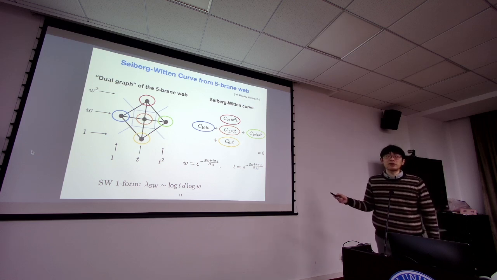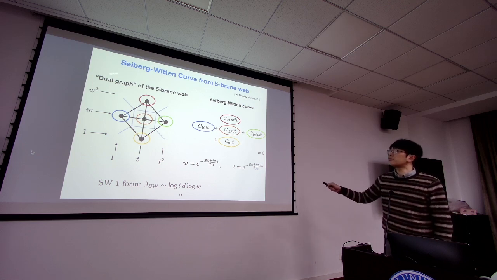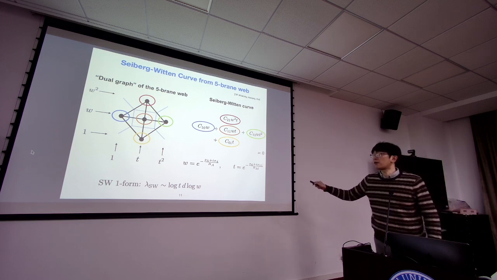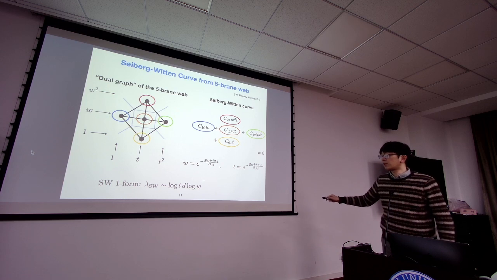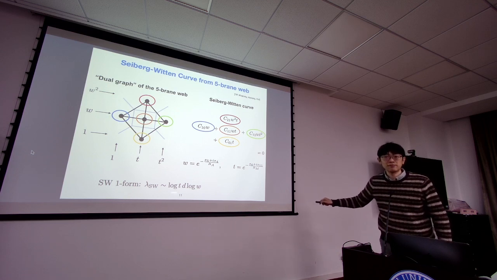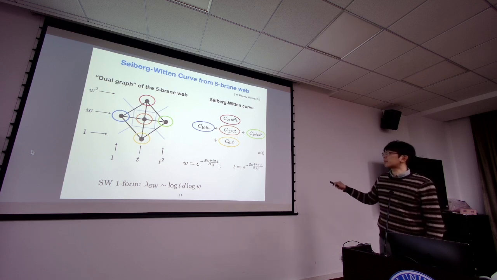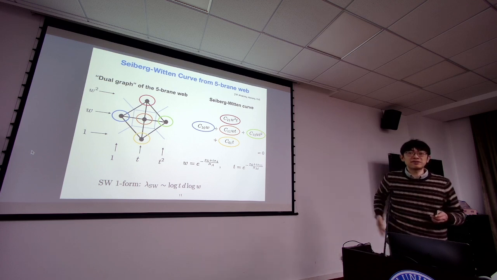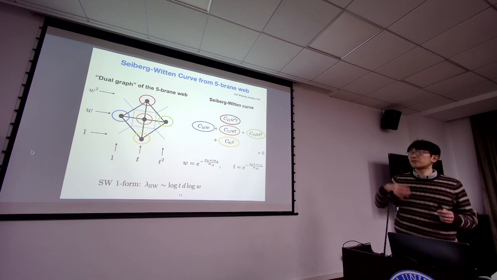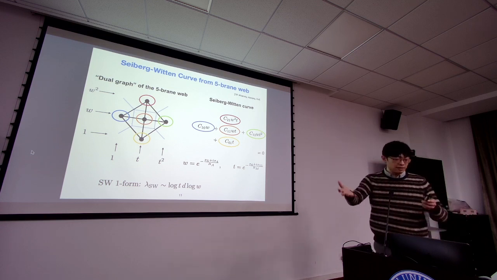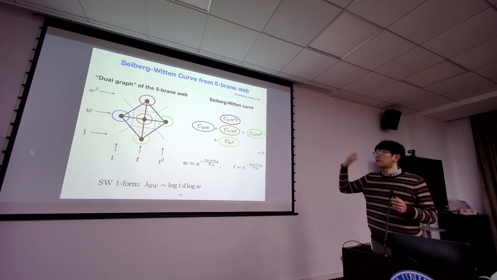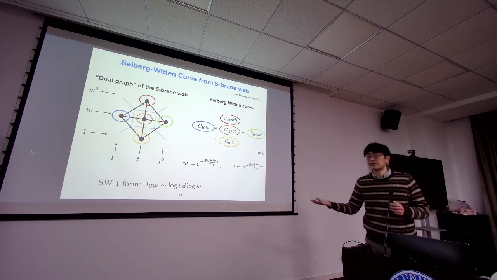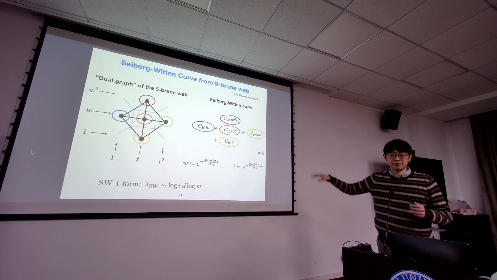And it is known that if we use this method, independent of the detail of the shape of the 5-brane web, the Seiberg-Witten one-form is always given in this form. So we obtain the Seiberg-Witten curve and the Seiberg-Witten one-form, and we can study the low energy physics based on this. Once we can give the 5-brane web for the corresponding gauge theory, we can study low energy physics in this way.